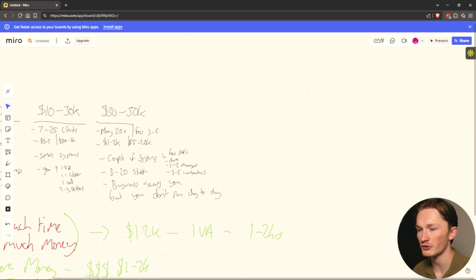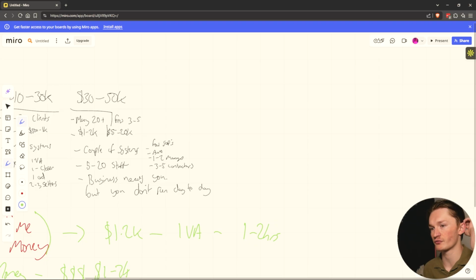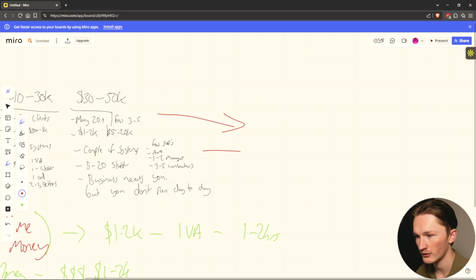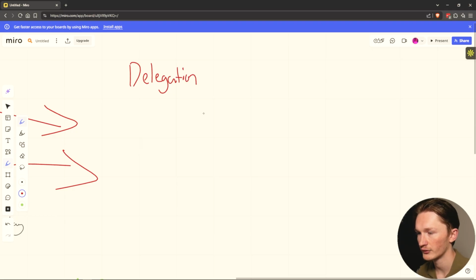And I think, to be honest, I want to quickly end here with the one thing that's the variable, because I didn't really touch very much on 30 to 50K plus. The one variable here, which I'll just extrude from this point, I just put some arrows here, is literally this. And I want to reference it very simply. So the E-Myth, which is delegation in terms of time and money.